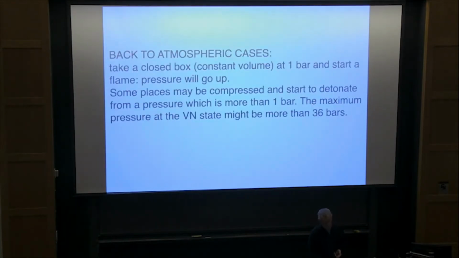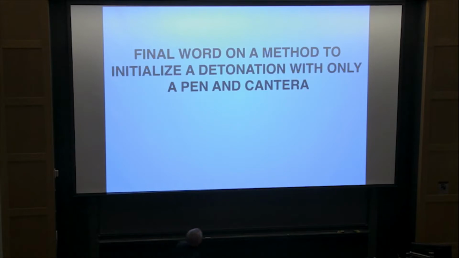And of course, this applies, we have mentioned that also, for safety. If you have a building full of gases, if you have a small deflagration, the pressure will increase by a few millibar, 100 millibar maybe. But if you go to detonation, the pressure will go to, you know, 30 bar, and then the whole building is gone. So it's good to know a little bit about detonations if you do combustion.